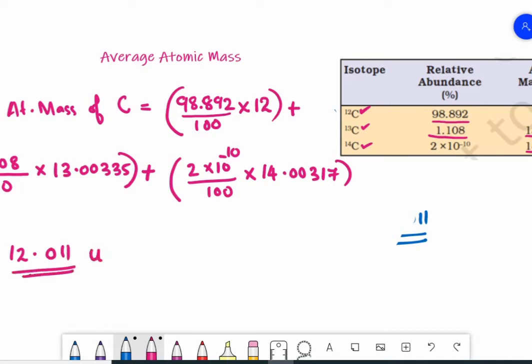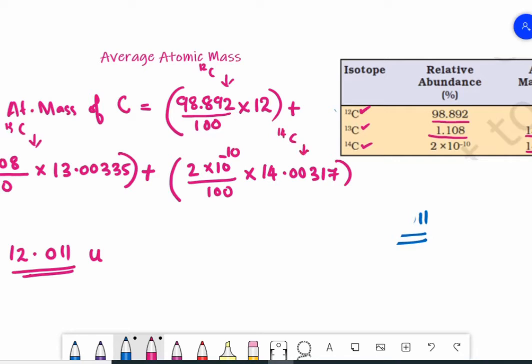How do we calculate the average atomic mass? Relative abundance, okay, this one is for carbon 12. Carbon 12's relative abundance divided by 100 into its atomic mass, plus carbon 13. This is for carbon 13. Carbon 13's relative abundance divided by 100 into its atomic mass unit. Then comes carbon 14.